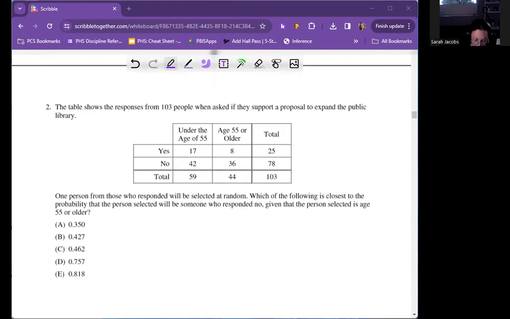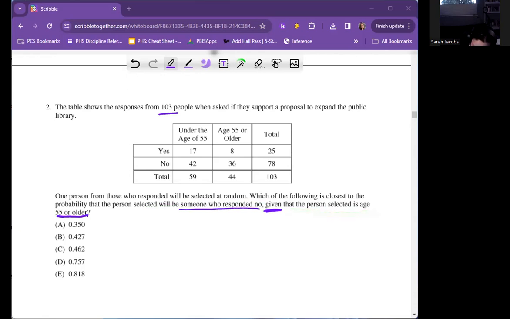Number two. The table shows the responses from 103 people when asked if they support a proposal to expand the public library. One person from those who responded will be selected at random. Which of the following is closest to the probability that the person selected will be someone who responded no, given that the person selected is age 55 or older?